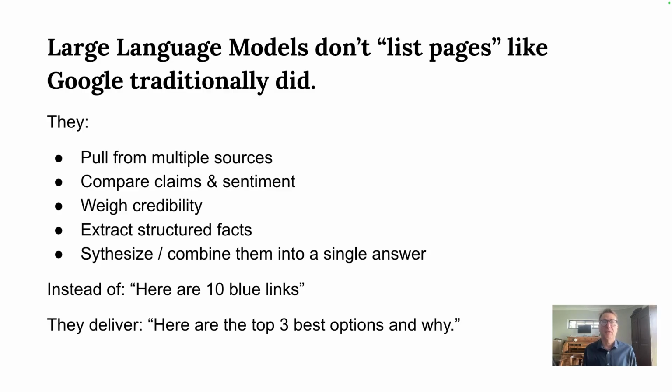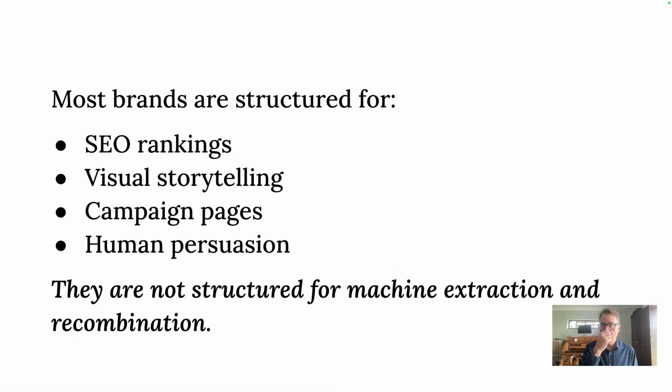Instead of, here are 10 blue links, large language models deliver, here are the top 3 best options, and here's the reasons why. So most brands are structured for SEO rankings, visual storytelling, campaign pages, and human persuasion. They are not structured for machine extraction and recombination.